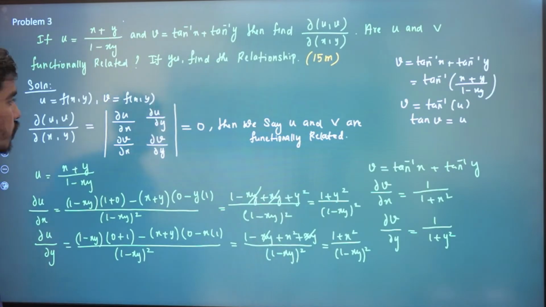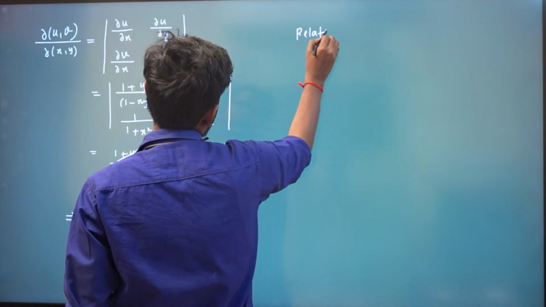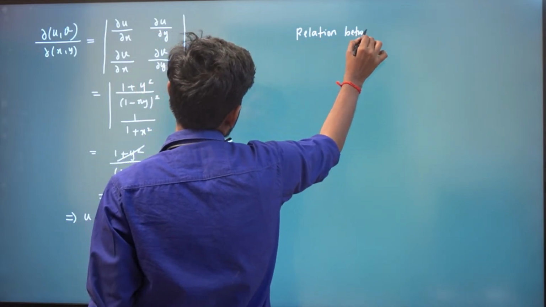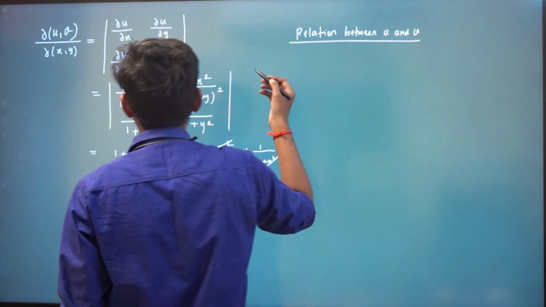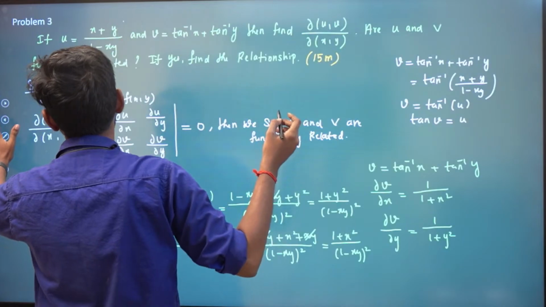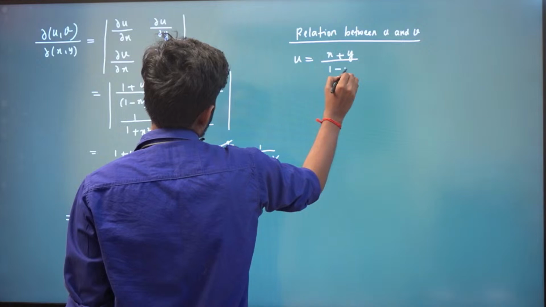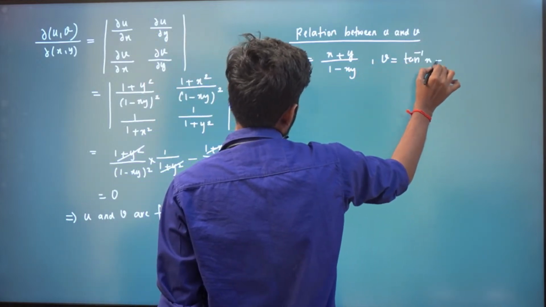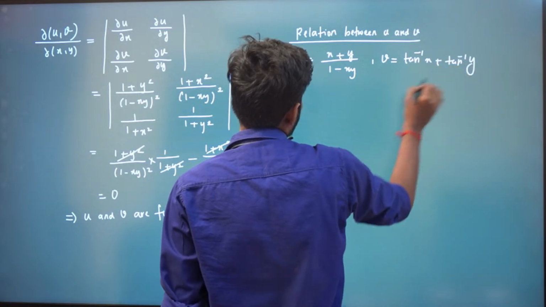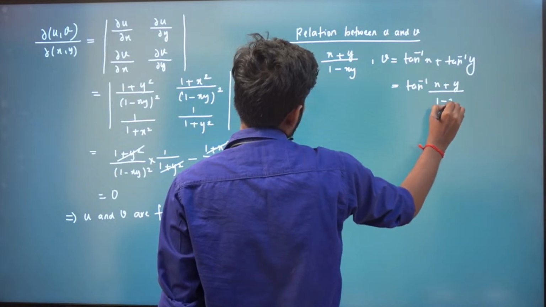Okay. Now, what is the relation that we already found, right? The relation between u and v is given by... So we already know, right? What is u? u is x plus y by 1 minus xy, and v is tan inverse of x plus tan inverse of y, which is equal to tan inverse of x plus y by 1 minus xy.